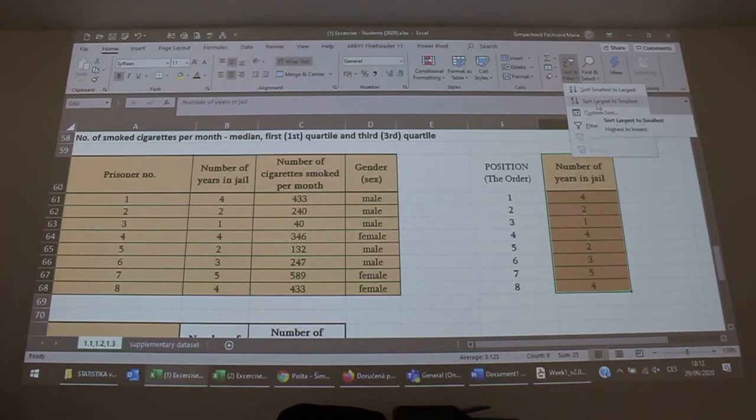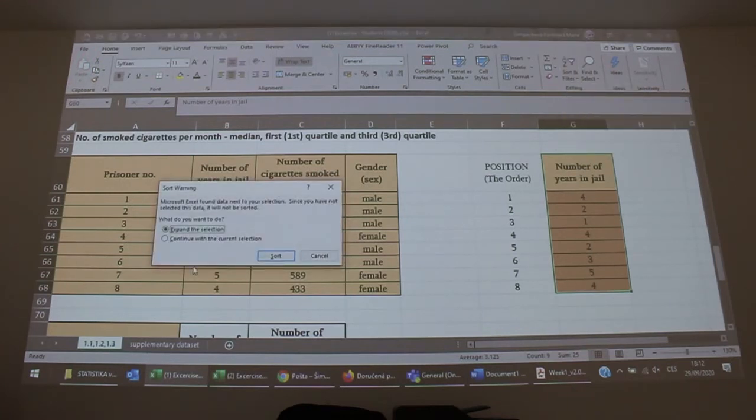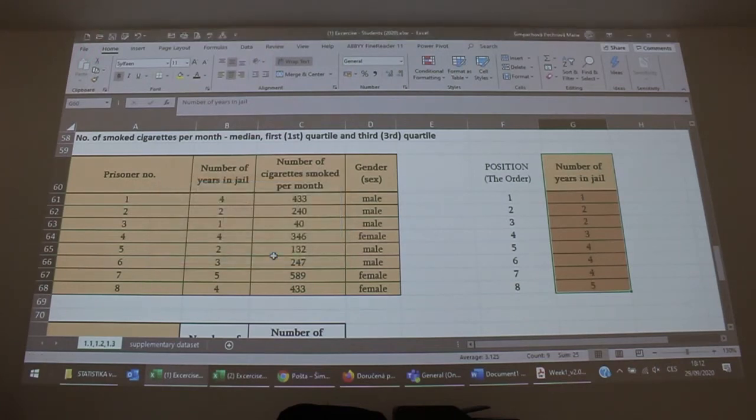So we can use this first button, Sort Smallest to Largest. Continue with the current selection, sort. And you can see the same values, like I had here in the previous case. So we sorted the statistical sample, and now we must use some formula.